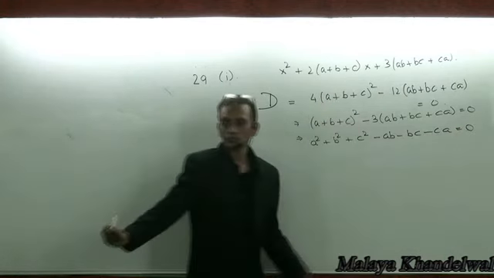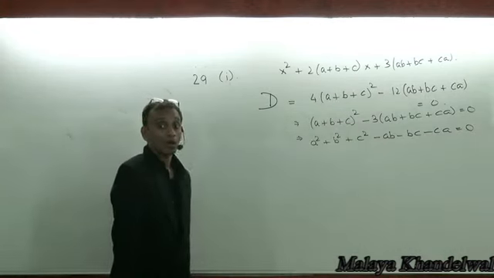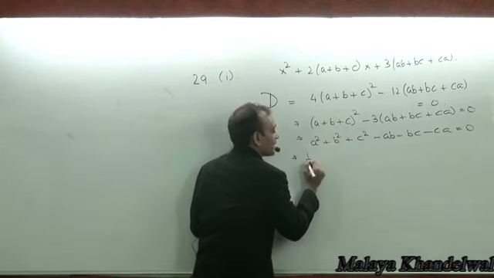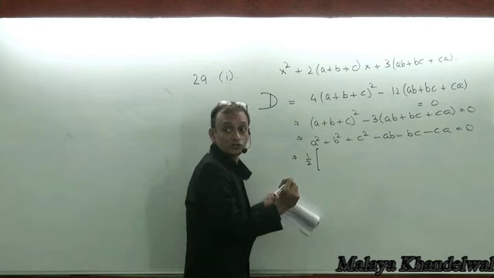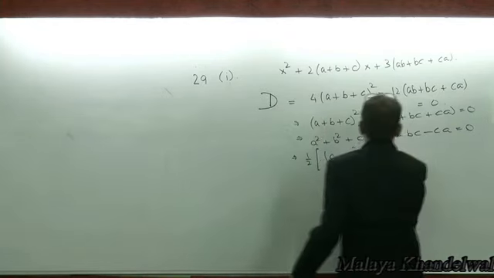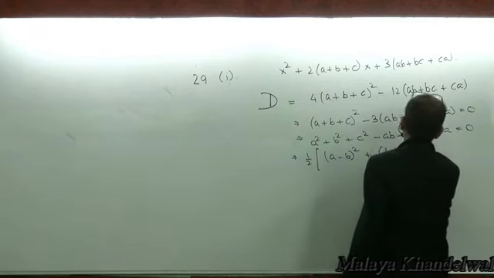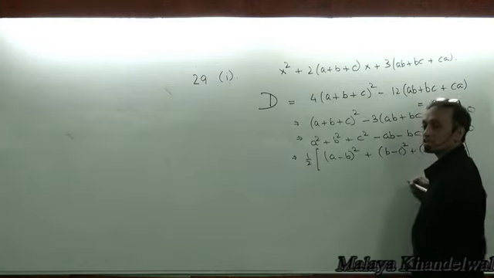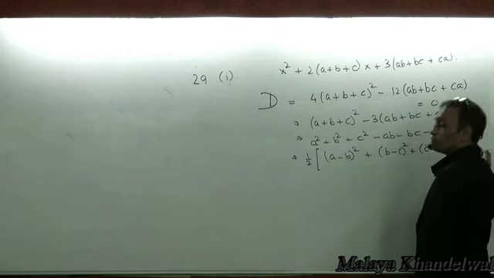Yes or no? Now this expression could have been written as half of, this is a standard thing to do, (a minus b) whole square plus (b minus c) whole square plus (c minus a) whole square. That's this expression. This is 0.